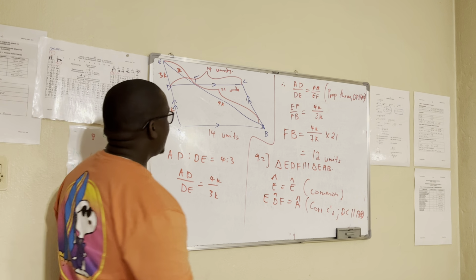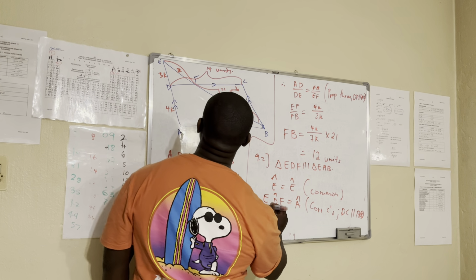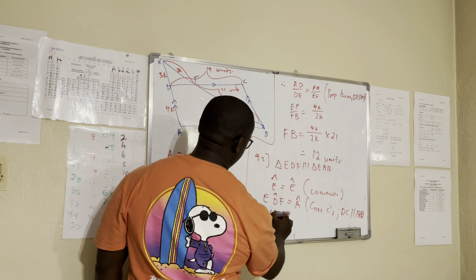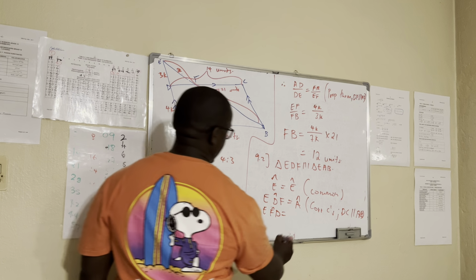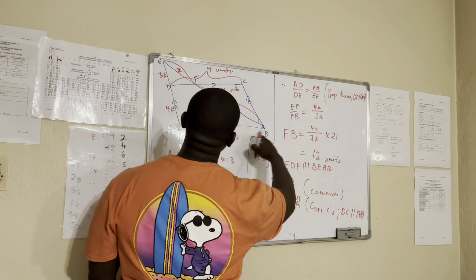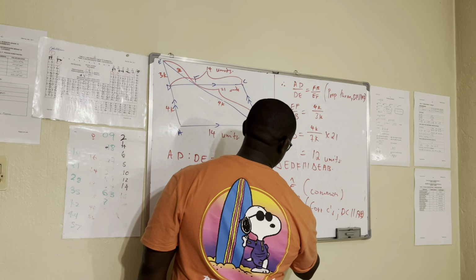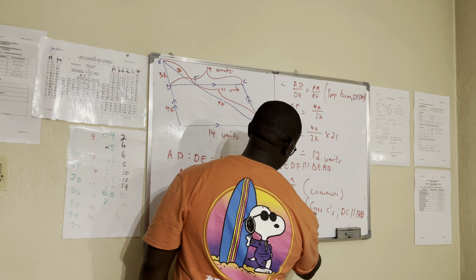For the third angle, you can say angle EFD is equal to angle EBA.